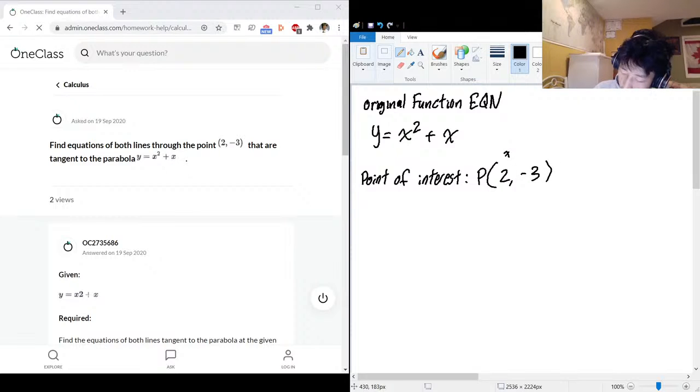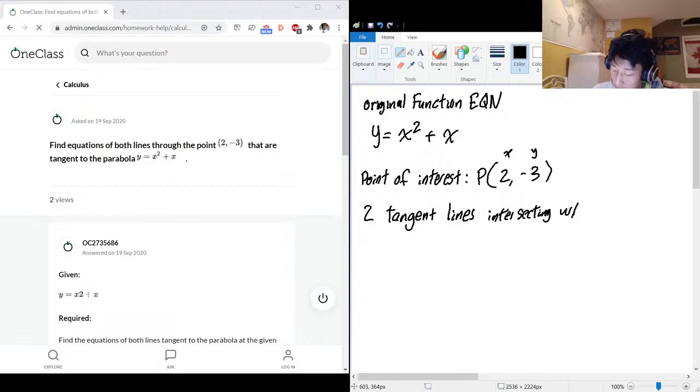So that's the x value and that's the y value. We're going to be dealing with rectangular coordinates here. Okay, so we've got to find the two tangent lines intersecting with point P.